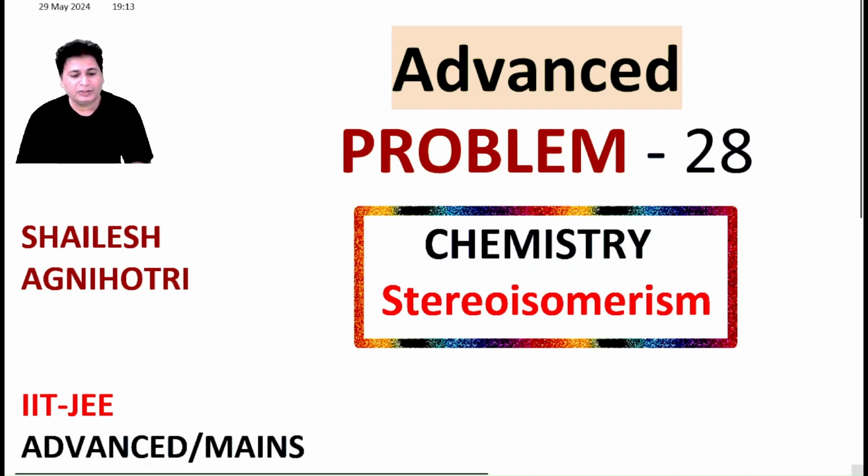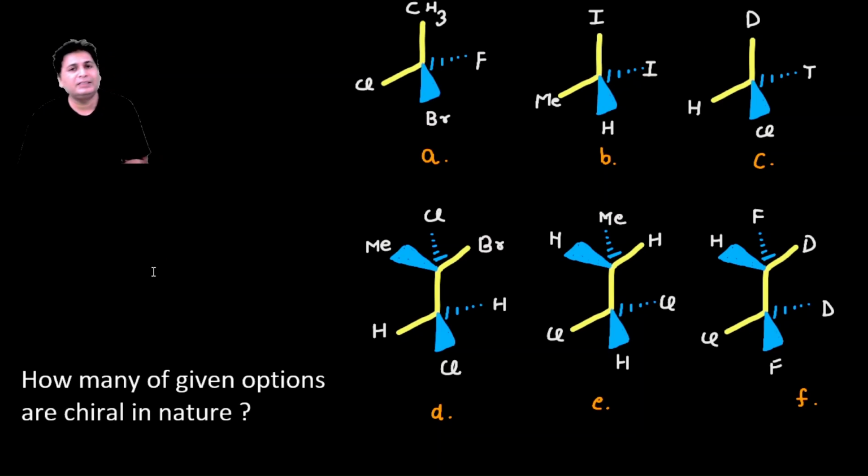Students, as you can see, I have mentioned 6 compounds with their 3-dimensional diagrams on your screen. Out of these 6 compounds, whose structural formula, whose 3-dimensional formula is given on your screen, you have to tell how many of these are chiral in nature.